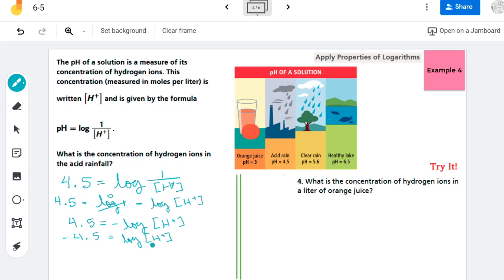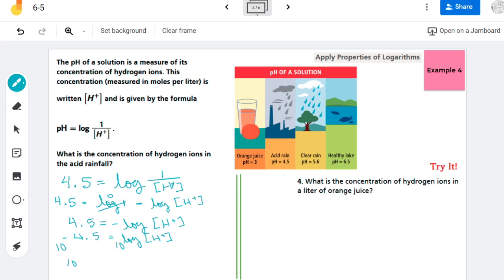And to undo a logarithm, remember you have to exponentiate. So I'm going to raise both sides of the equation to the same base. Now remember, whenever I do this, I have to make sure that the base I choose to raise it to matches the base of the log. So in this formula, it's a common log, and so I raise it to base 10.